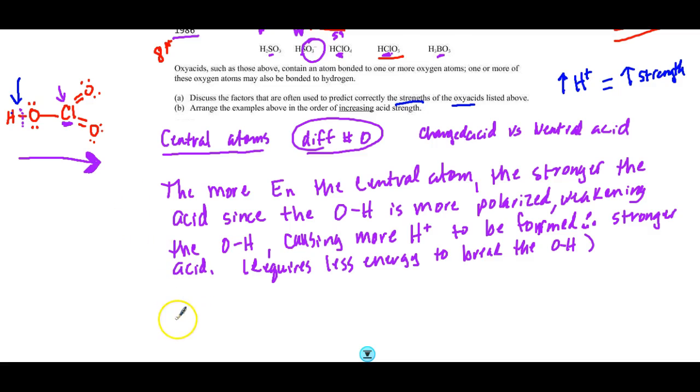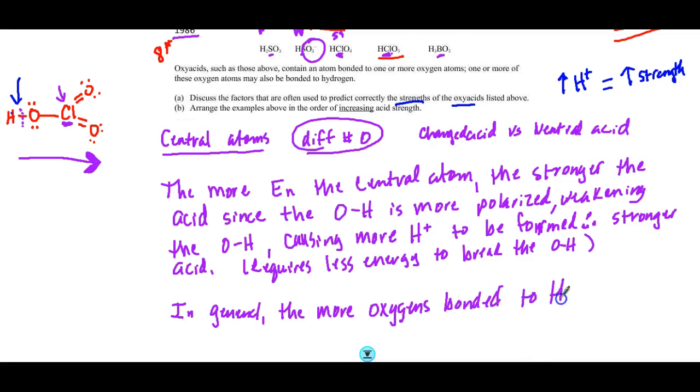So, in general, the trend is, but a trend is never ever an explanation, but in general, the more oxygens bonded to the central atom, the stronger the acid.